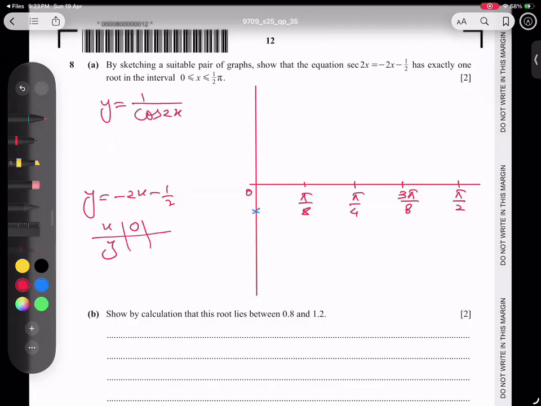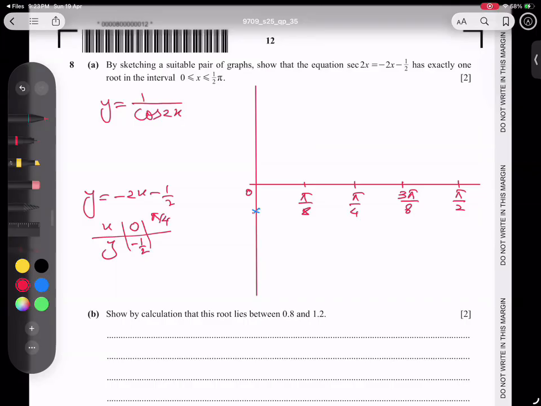Okay, if I plug in, for example, pi by 4, I can plug in any number, but I'm putting pi by 4. So students, let me check when I plug in pi by 4. Approximately, negative 2 times 2 pi divided by 4 and negative half.